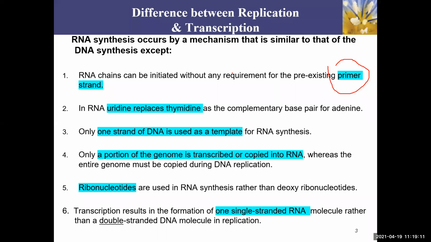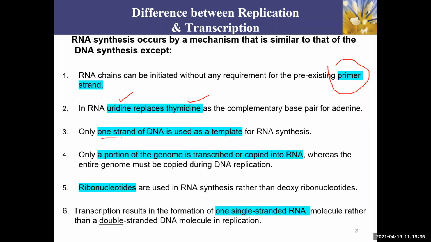It's only the DNA polymerase in replication which needs a primer. Here in RNA, we don't have thymidine, we have uridine, right? And in replication we used both strands as a template and formed the new complementary DNAs.